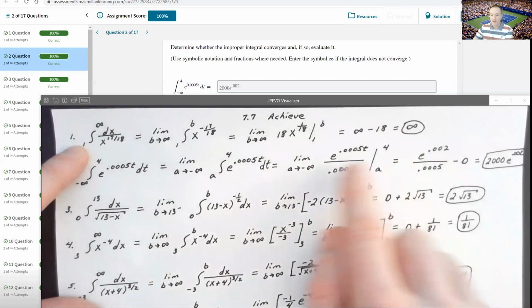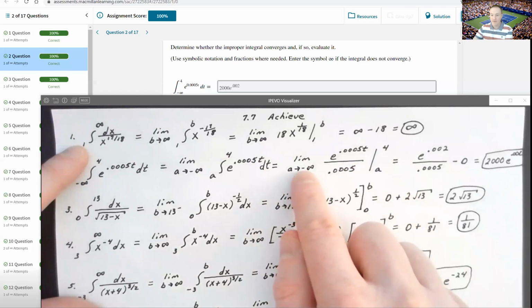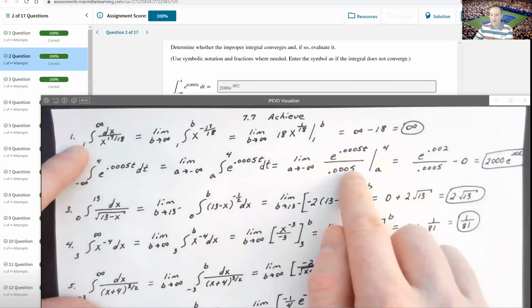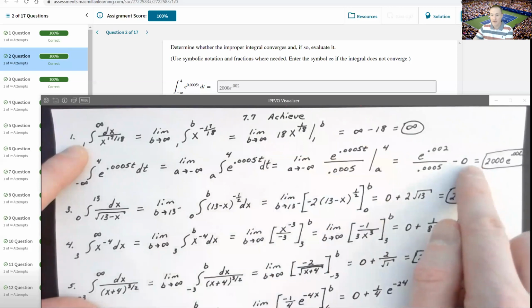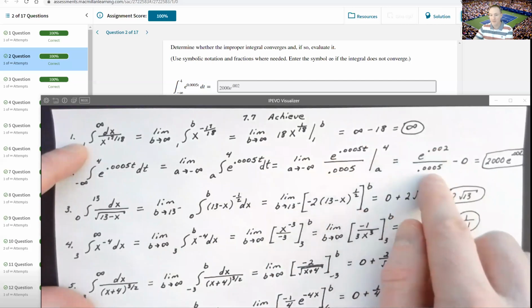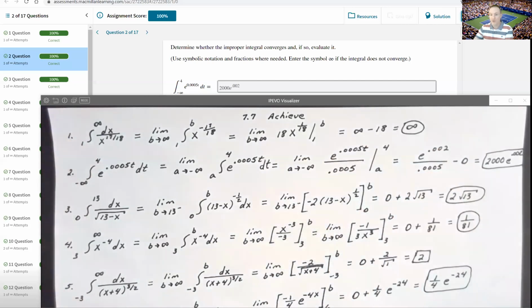Well, that lower limit, a, is going to be replaced with negative infinity, so you're putting a negative infinity there. That's going to force that e down to the denominator, and e to the infinite power in the denominator is going to make that fraction go to 0. That's why you see a 0 there. Now, in order to simplify this, and I'm sure I could have put it in that format, but I just said if I'm dividing by 0.0005, that's the same thing as multiplying by 2,000.